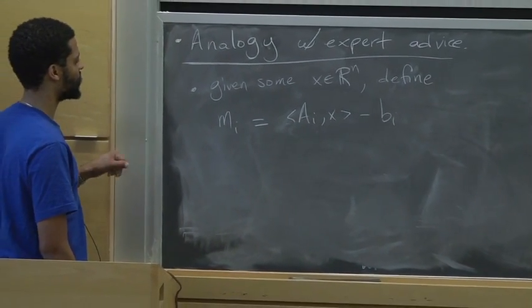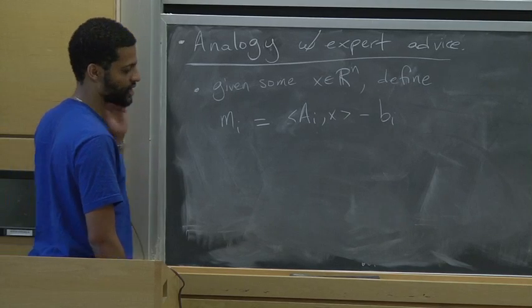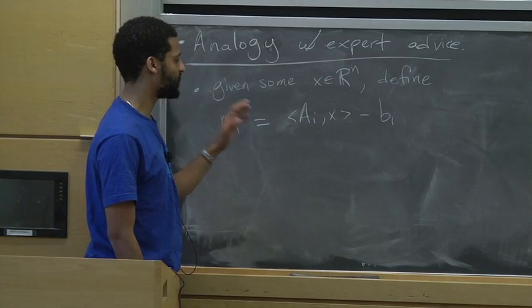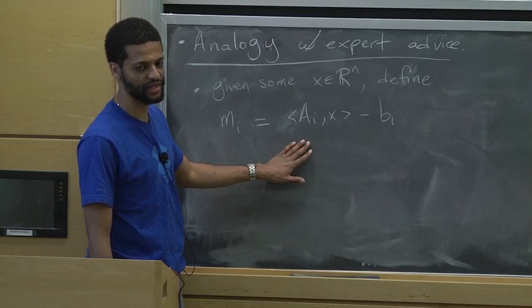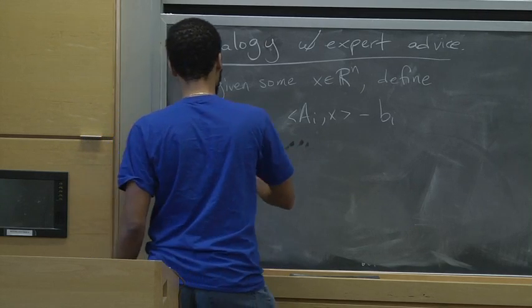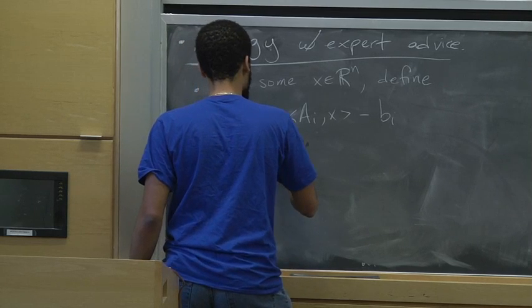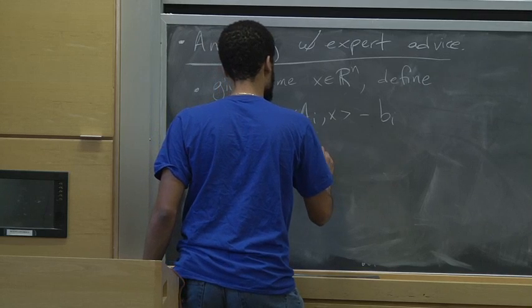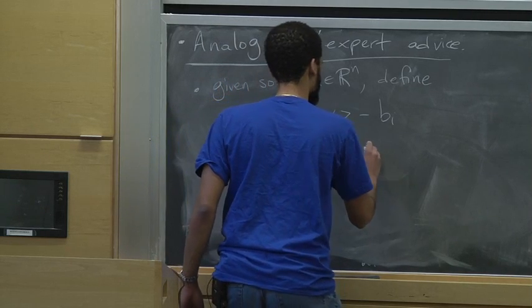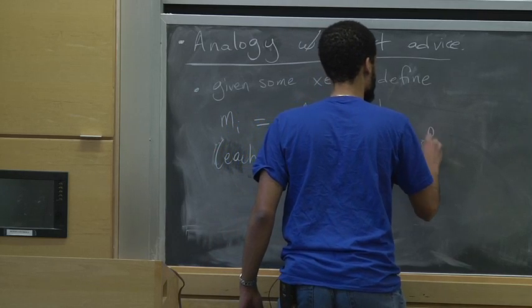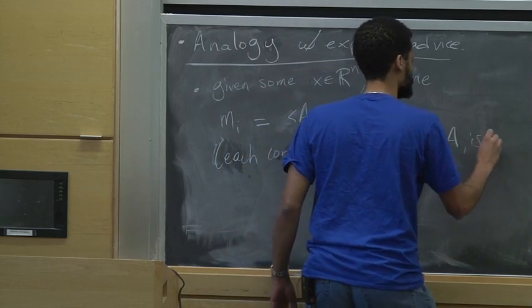But the point is, this is going to be some positive or negative number. So if it's positive, that means the constraint is actually satisfied, right? So each constraint, i.e. row of A, is an expert.